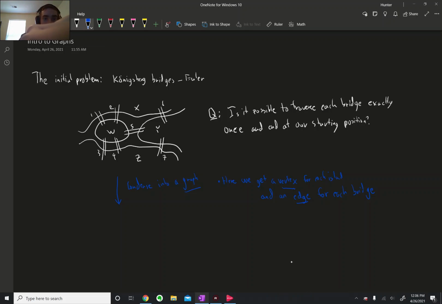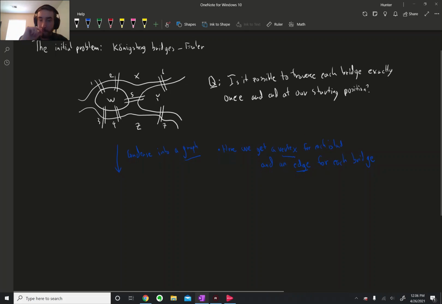And usually the way that we draw a graph is we draw dots to represent vertices, and we draw lines to represent edges.